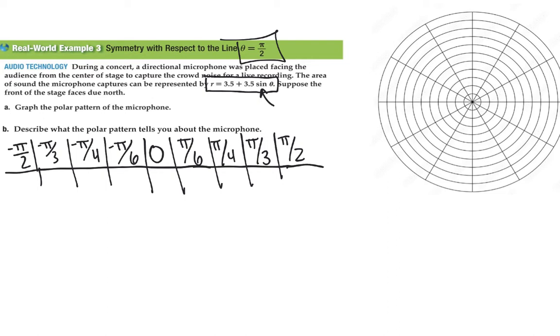You are going from negative pi over 2 to pi over 2 because that's where you will see that symmetry with respect to that line. Whereas if it's cosine, you're doing from 0 to pi. So those were those two differences that we saw in that key concept right prior to this.